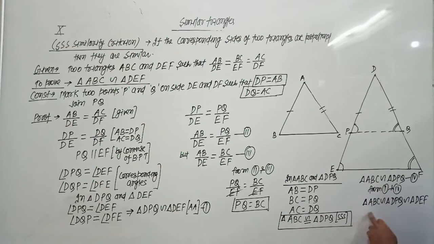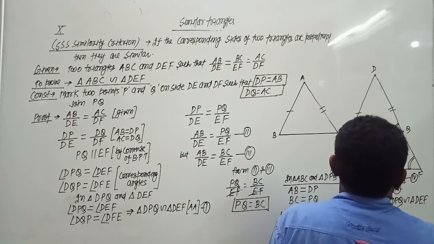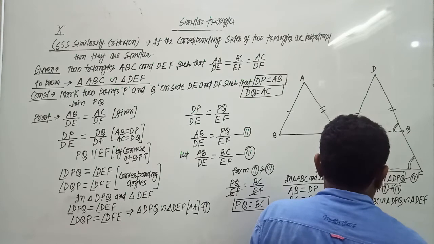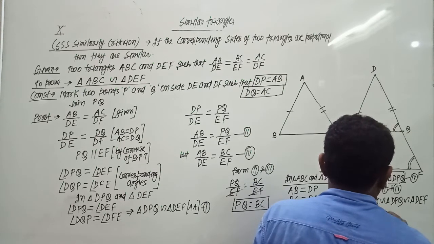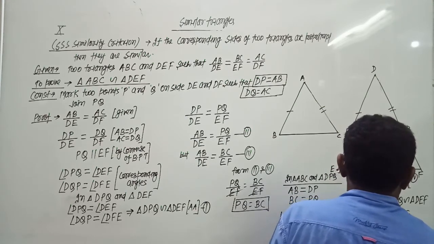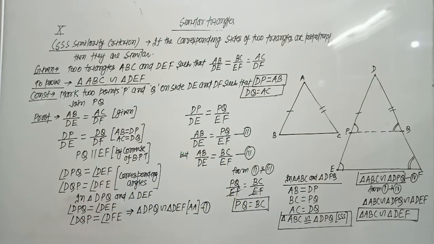Therefore, we conclude that triangle ABC is similar to triangle DEF. So this is the result, and this we had to prove.